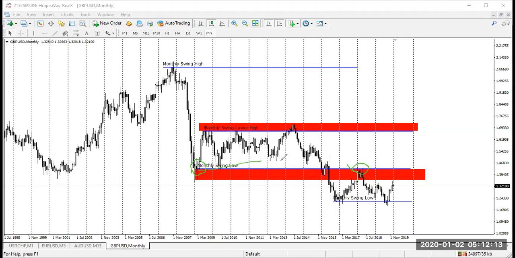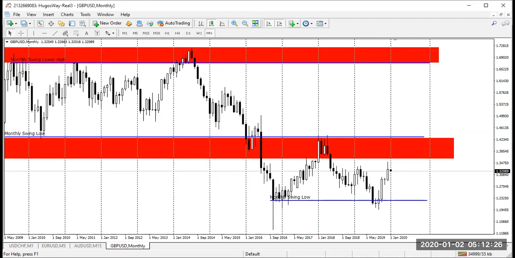So we know this is a solid level of resistance now. Okay. So that being said, we can see that we bounced up here, back up here to this monthly swing low, came back down, bounced back up.